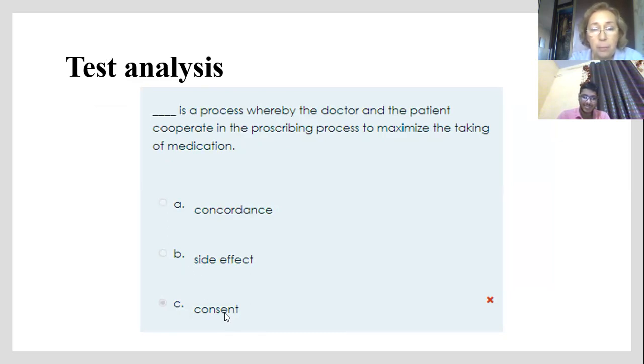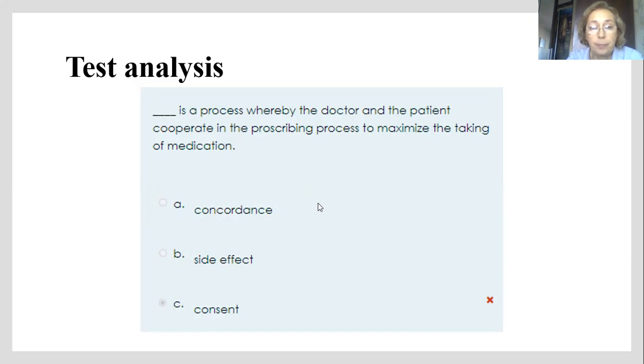Some of the students marked it as consent, but consent is not about prescribing the medication, it's about getting the agreement from the patient to surgery or any other procedures. When we speak about prescribing medication, this is called concordance, and we've read the article about this.